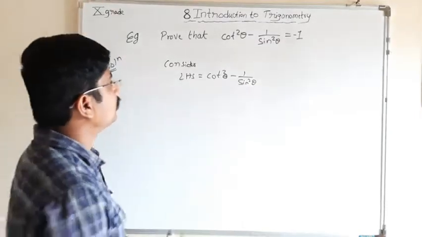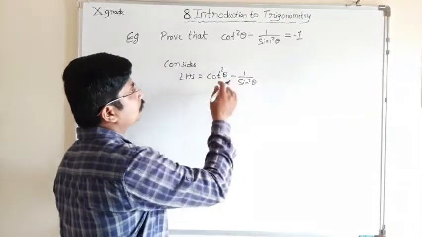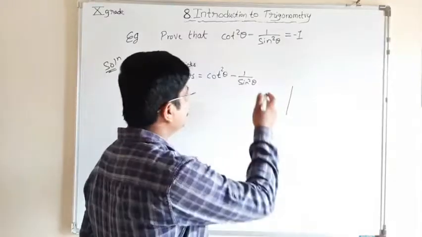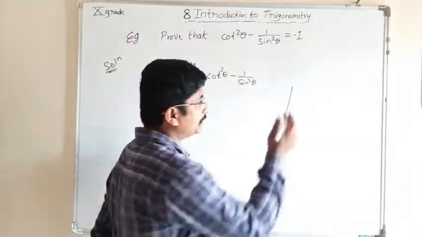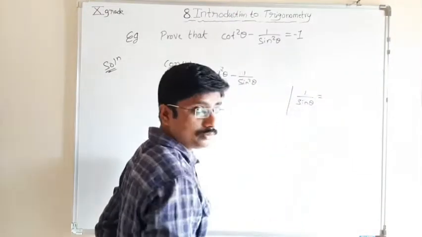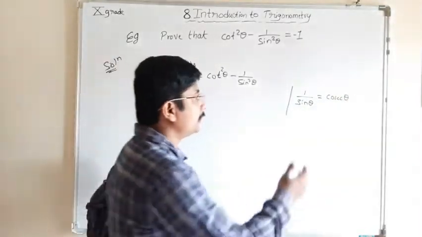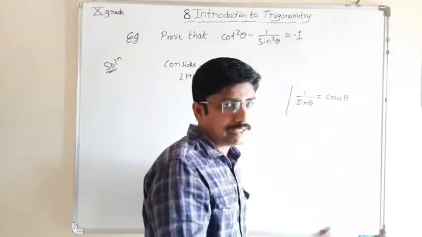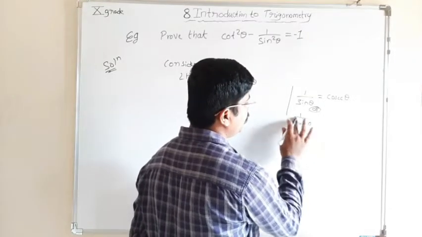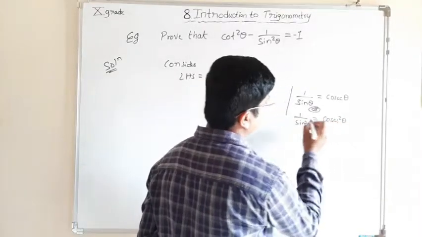See dear students, we have to prove minus 1 here. Here 1 divided by sin square theta may be written, as we know by the reciprocal relation, 1 upon sin theta is equal to cosec theta, or cosec theta is equal to 1 by sin theta. This may be written as 1 by sin square theta is equal to cosec square theta.